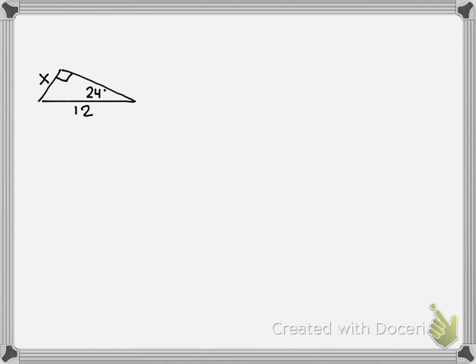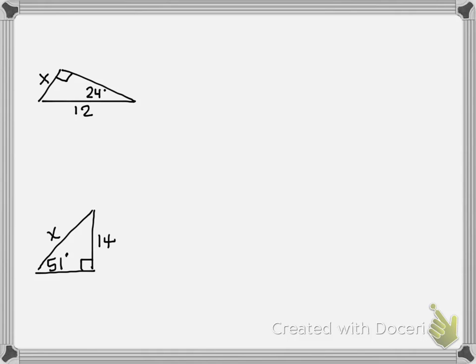And then another example that we are going to use is, alright, so we have our 51-degree angle here, and our hypotenuse is x, and our side length is 14.